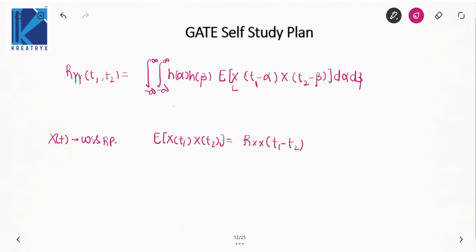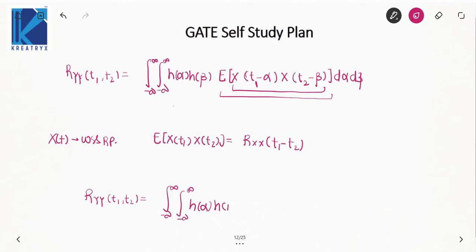So this expectation operator will represent an autocorrelation function, and this autocorrelation function will be a function of the difference of the time instances. So we can write it as rxx of t1 minus alpha minus t2 minus beta.